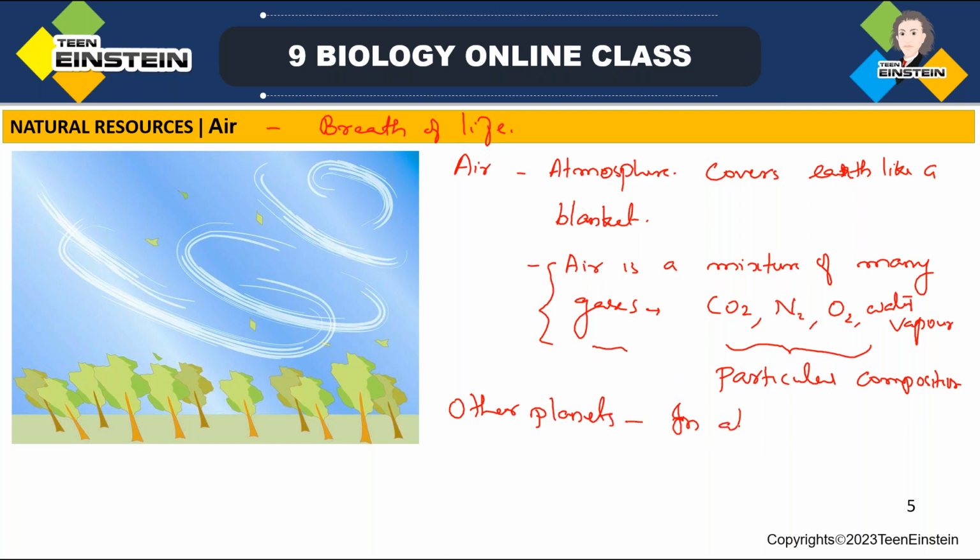Carbon dioxide means it is difficult for life forms to exist there, right? Researchers are still investigating planets like Mars and Venus. No life is known to exist. What is the major reason? Because the major component of the atmosphere is carbon dioxide.